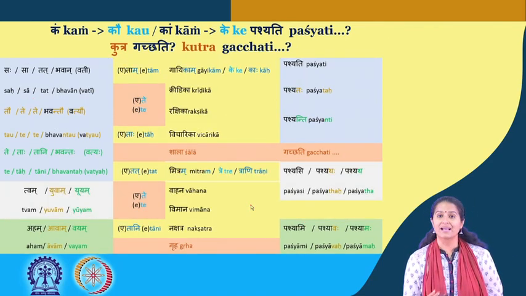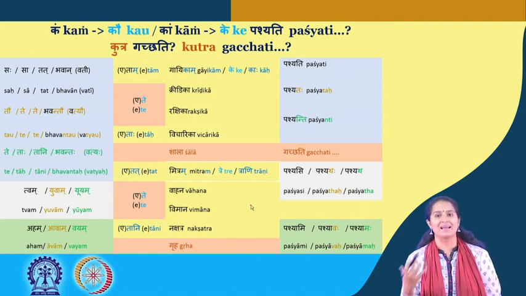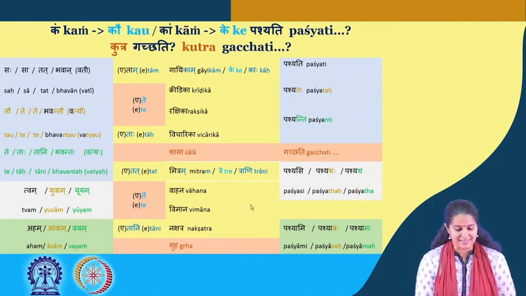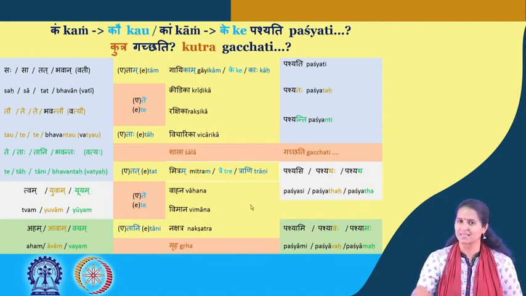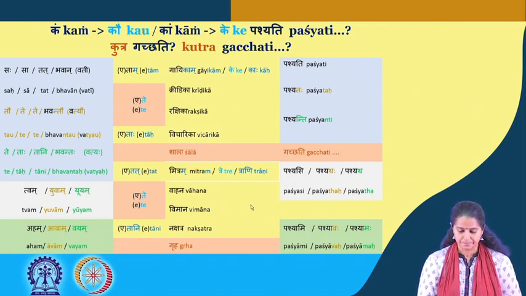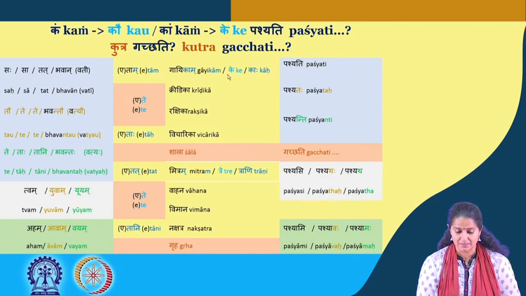Let's move on to the next one with the feminine a and the neuter words, and let's see what happens. So, sticking to the same format there, let's see what forms this takes on. So, we have saha tam gayikam pashyati will become saha te gayike pashyati.